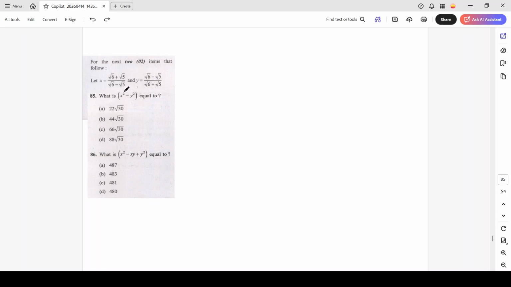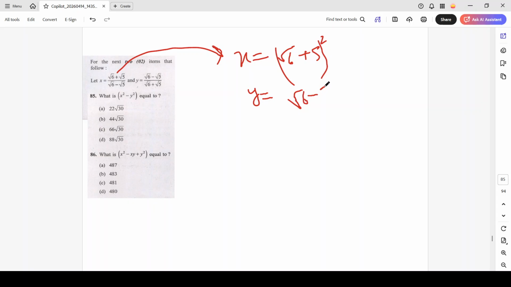First of all, if I just rationalize it, then we have to multiply root 6 plus root 5 up and down, then x becomes root 6 plus root 5 whole square. And what is y? Root 6 minus root 5 whole square, by rationalizing this.